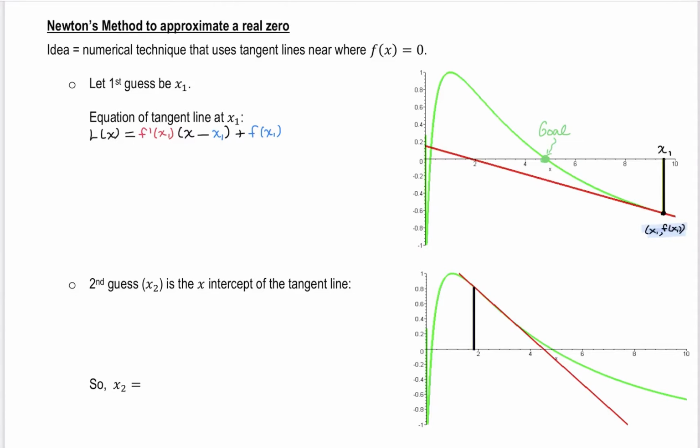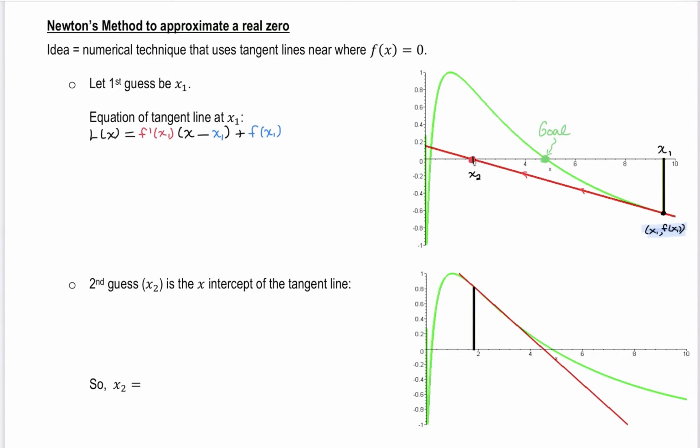Now what we want to do is find the 0 or the x-intercept of that. So after we find this tangent line, we want to take that tangent line all the way until it hits the x-axis, and that is going to be our second guess.